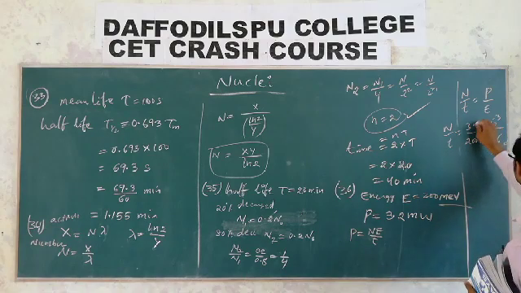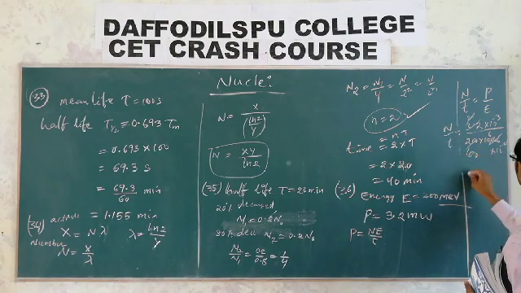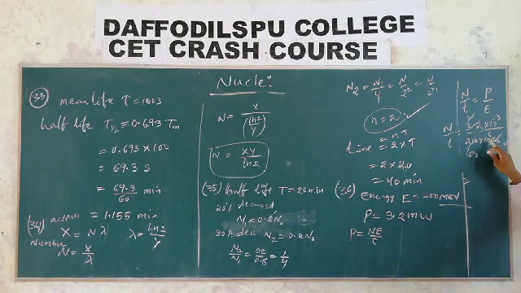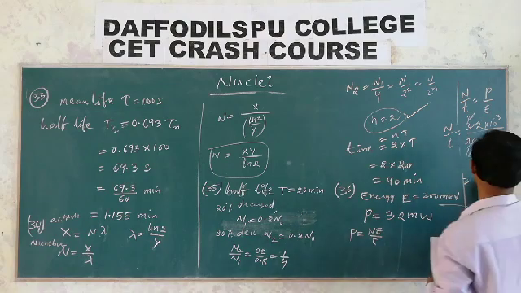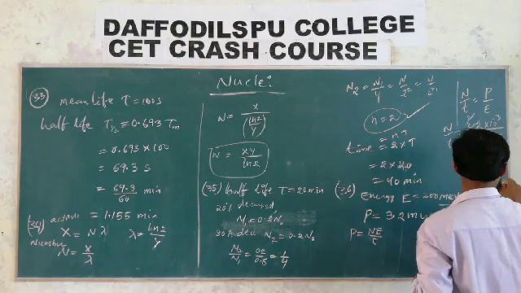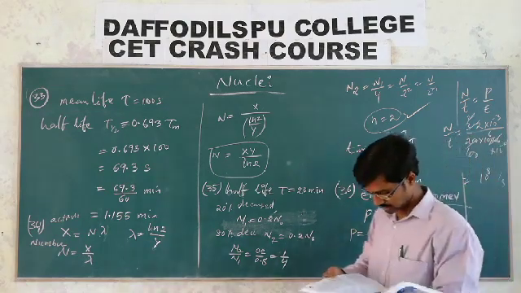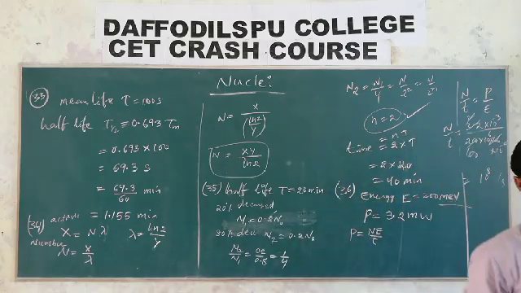Now here 1.6 it is 2, here 100, that is equal to 100 into 10 power 6, 10 power 8. 10 power 8 into 10 power minus 19, 10 power minus 11. 10 power minus 11 goes to plus 11, 11 minus 3, 8, then 10 power 8 per second.